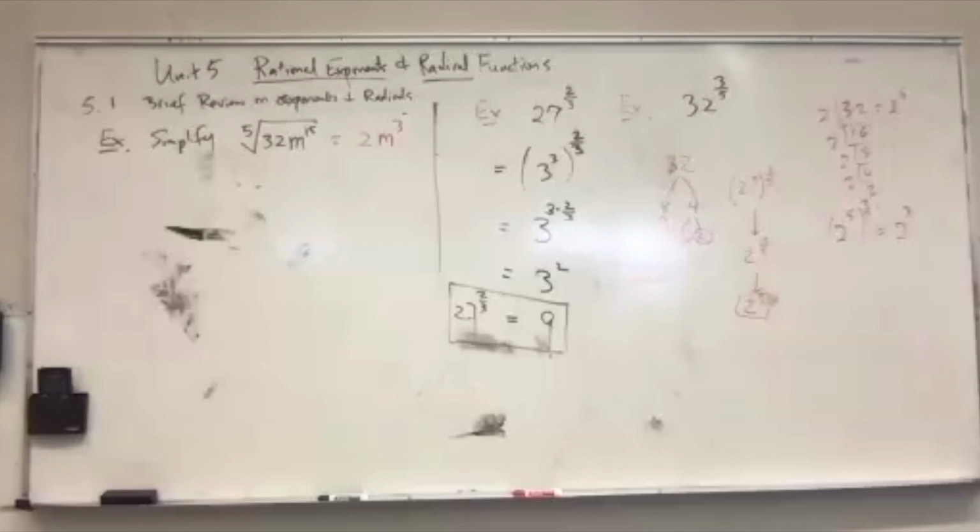If I'm being super picky, you would want to do 32 to the 1/5 and m to the 15 as an intermediate step, and then you can say this is 2. That works. You got it?